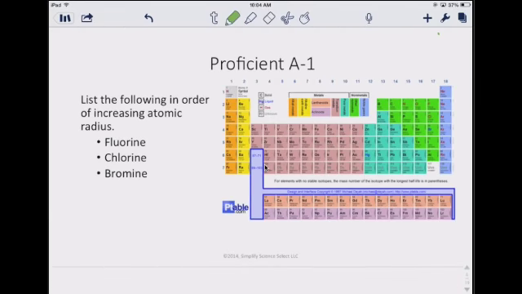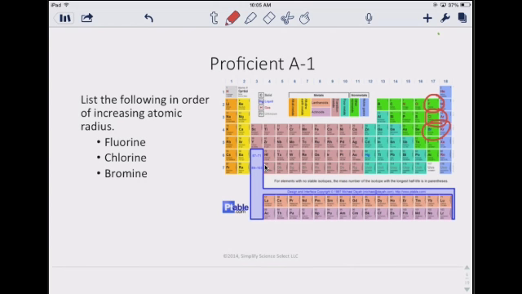So let's look at an example. It says list the following in order of increasing atomic radii. And so when we're looking at this, we know that we have our fluorine, which is F, and then we have our chlorine, and then we have bromine. And so what we know is we want to list them in order of increasing atomic radius.